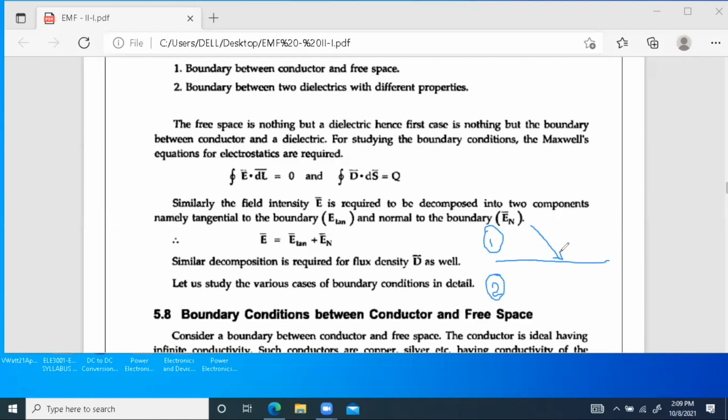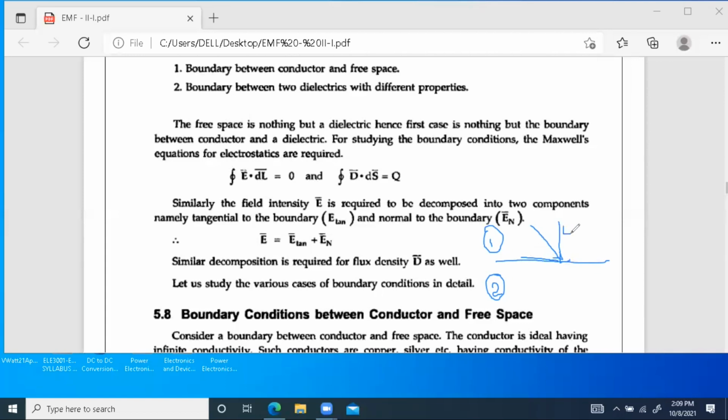The first thing that's going to be instructional is that this field, the vector, you can resolve it into a normal component and a tangential component.